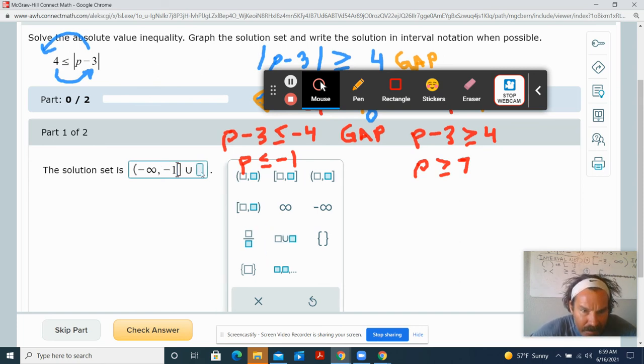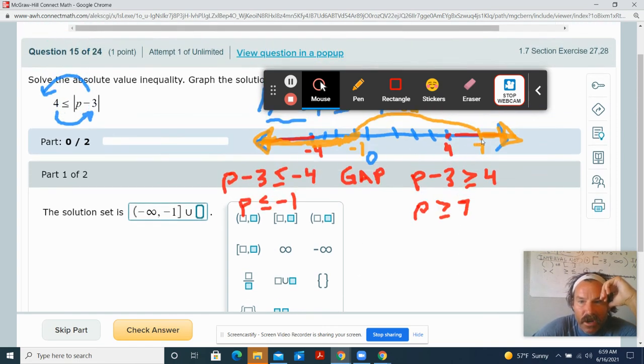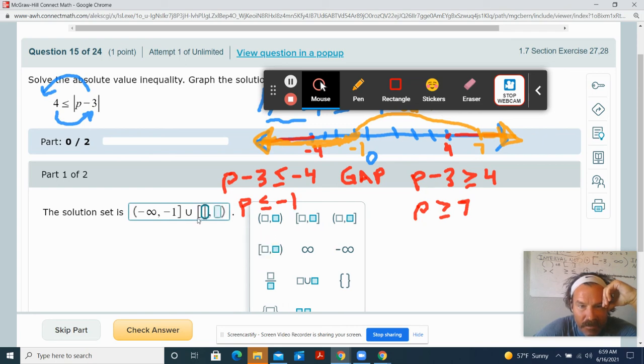And there's the gap. I have to be careful. I'm going to start with 7 because the gap goes from negative 1 to 7. And 7 is included because it's greater than or equal to 7, so I'm going to use the bracket first, that's 7, and then the rounded parenthesis for the infinity.